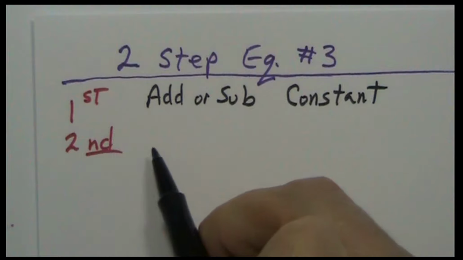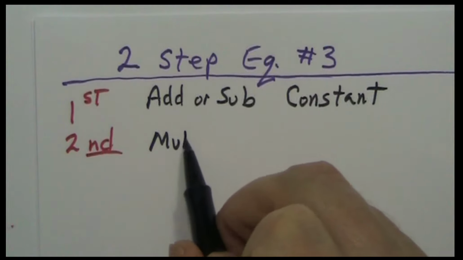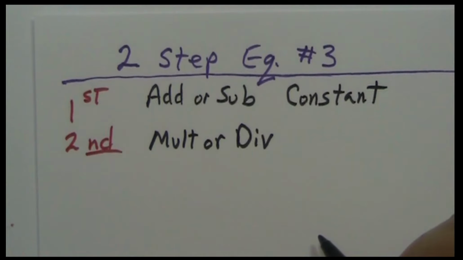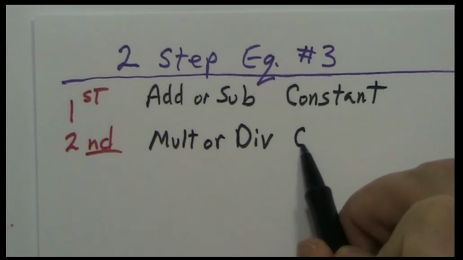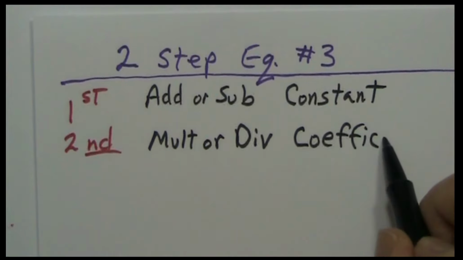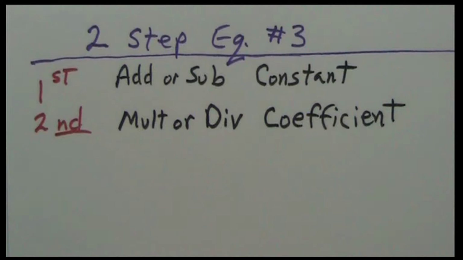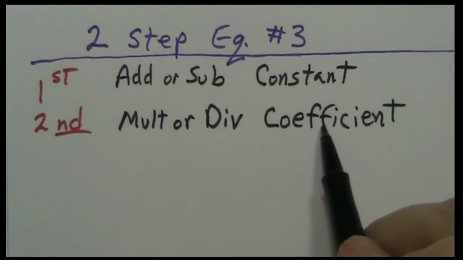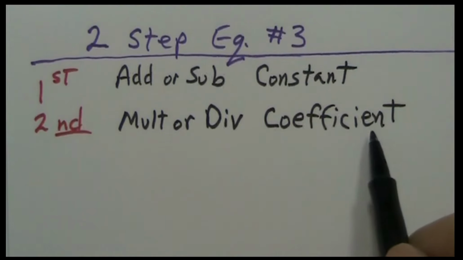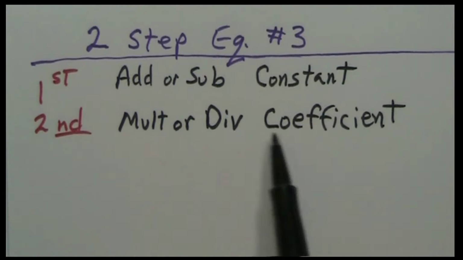The second step is to multiply or divide the coefficient. Coefficient, that's C-O-E, double F, I-C-I-E-N-T, coefficient. So first we're going to get rid of the constant by adding or subtracting, then the coefficient by multiplying or dividing.